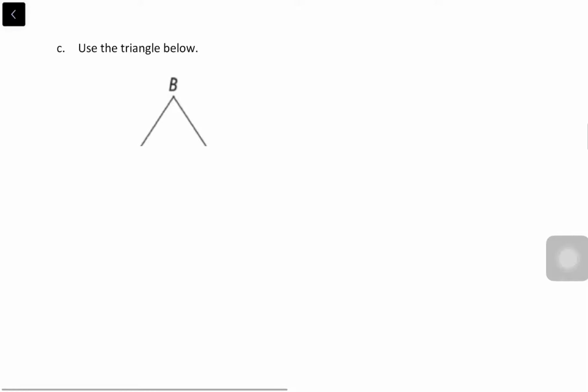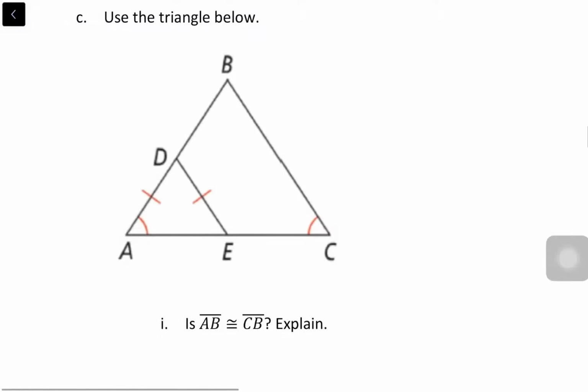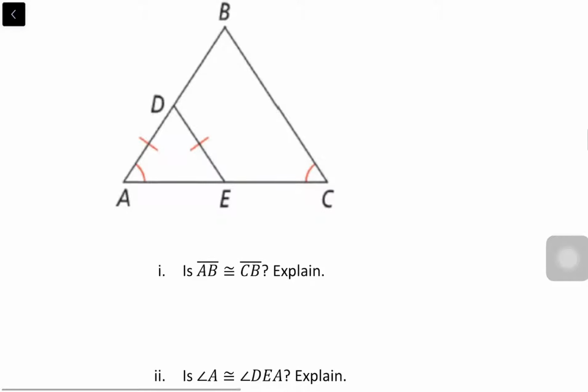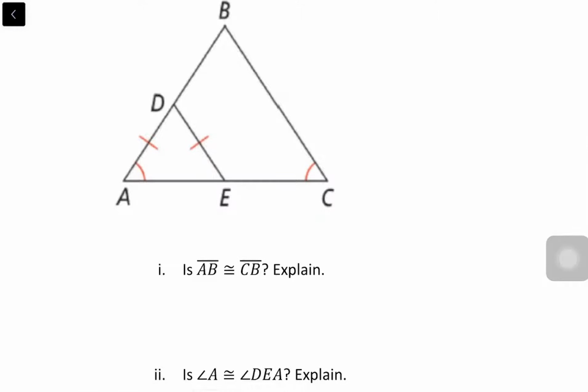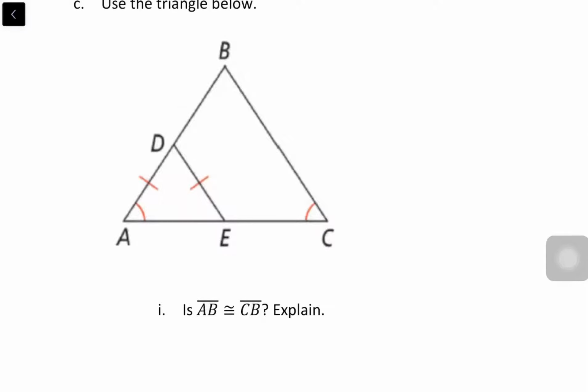We'll use the triangle below once it shows up here. There it is. Is AB congruent to CB? Explain. Well, we know that this angle DAE is congruent to angle C. So that means the sides across from them in the very large outside triangle must be congruent.